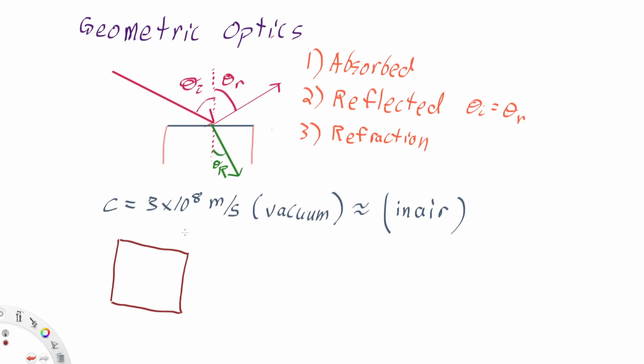Because they're denser than air. So if you have a solid like glass, you've got a bunch of silicon and oxygen atoms hanging out. Light comes in.